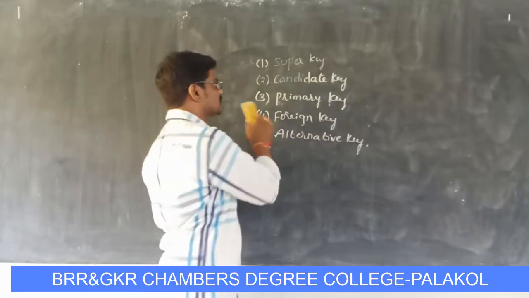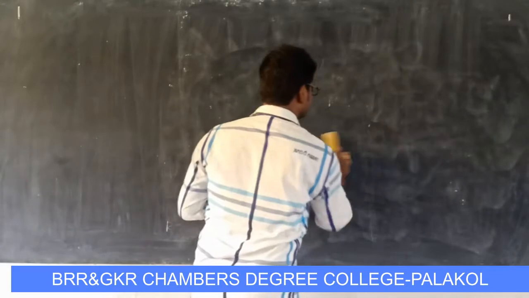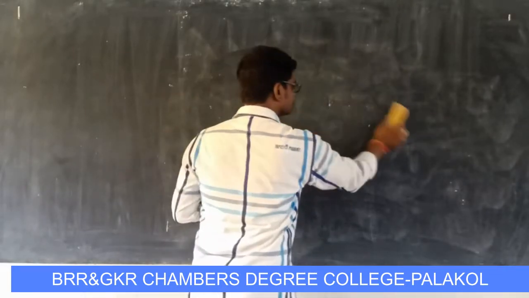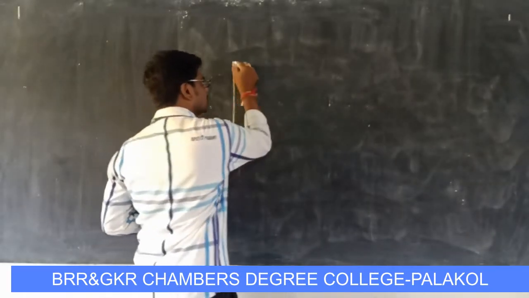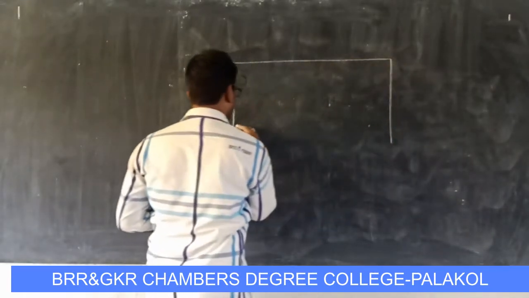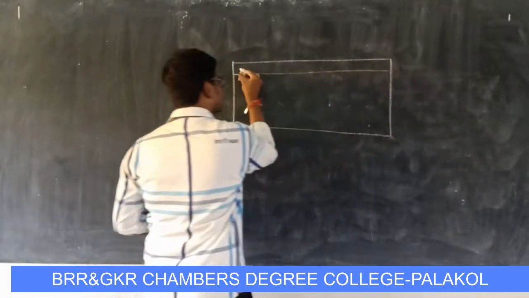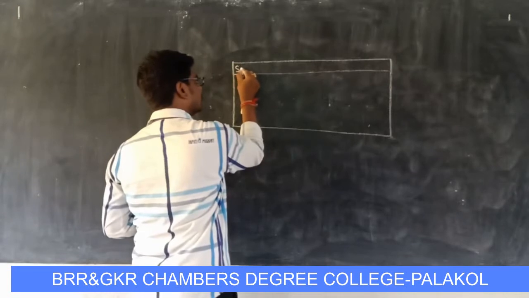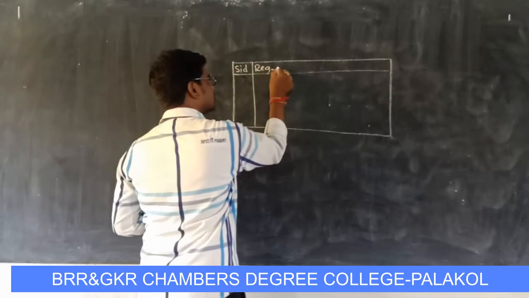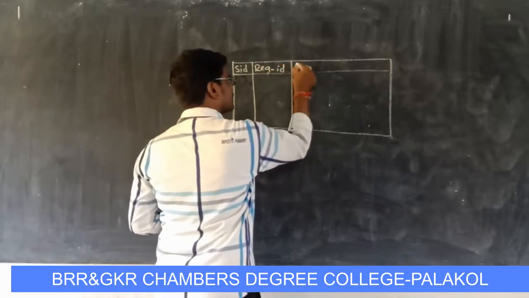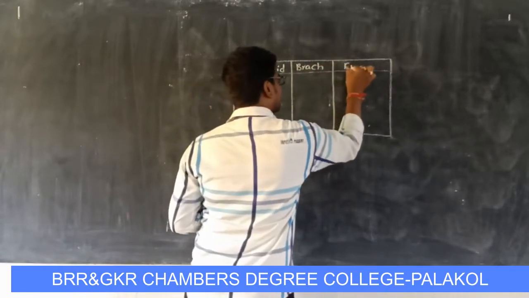So what is a super key? The very first one. Let us take an example: a student table. These are the different columns: student ID, registration ID, branch, and email.